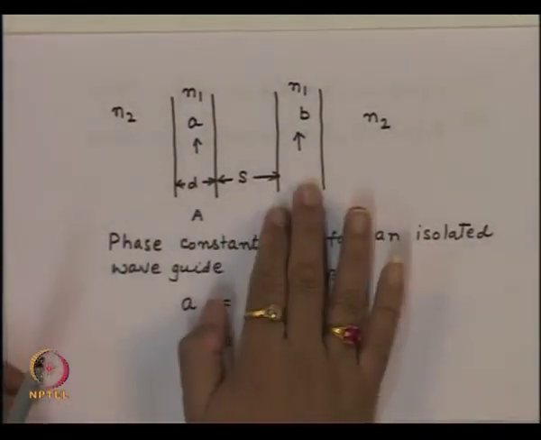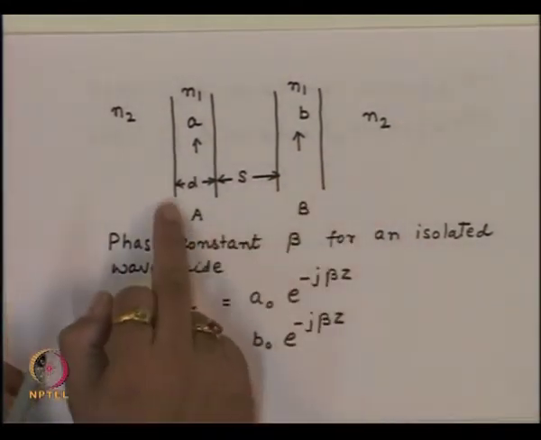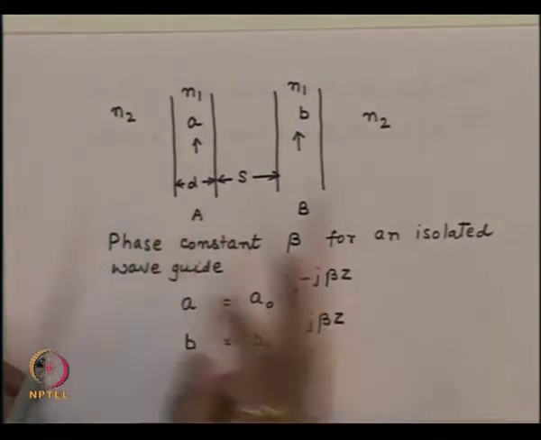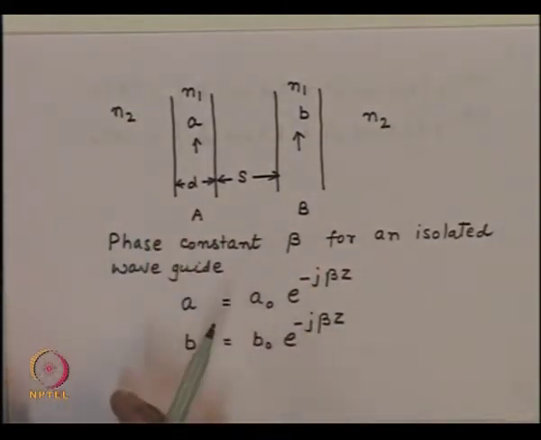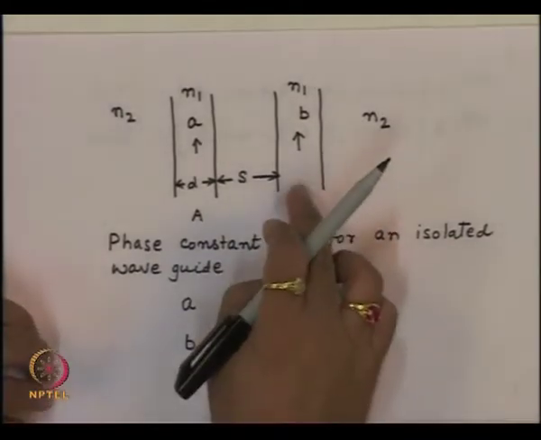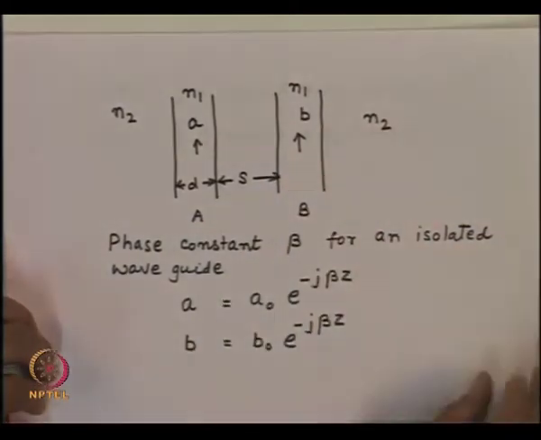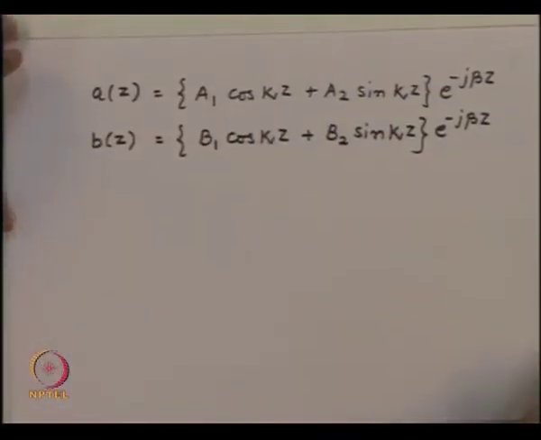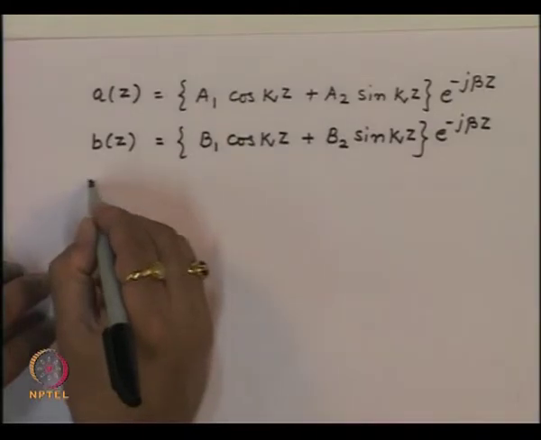So, at z equal to 0, we have an excitation for this waveguide, and without losing generality we can say that it is excited with an amplitude unity, whereas there is no excitation given to this waveguide. So now we have the initial conditions for this case.